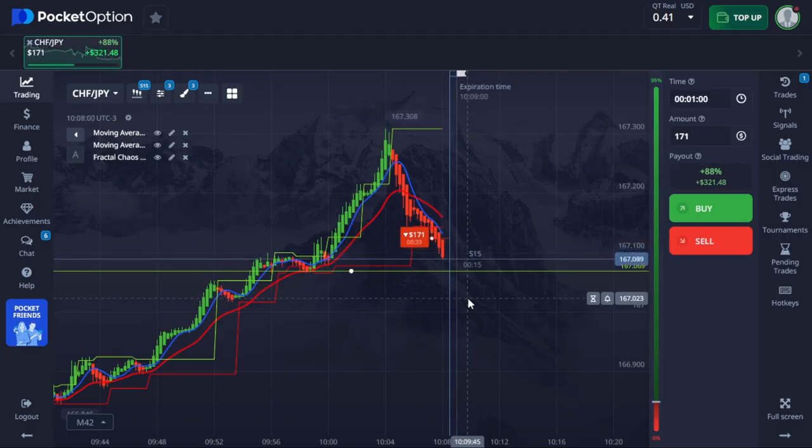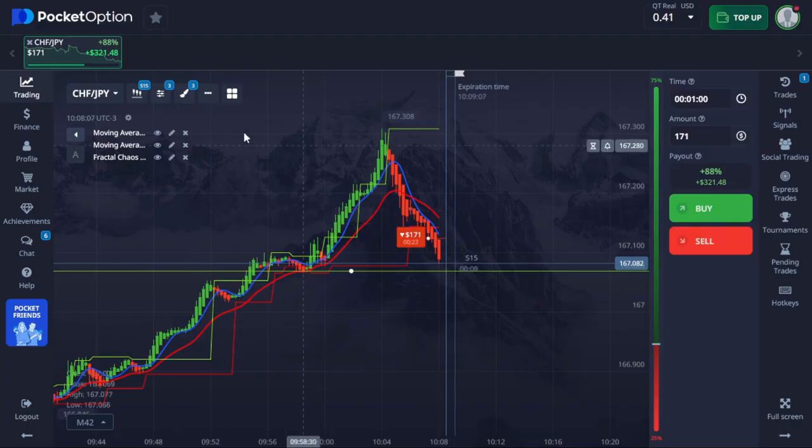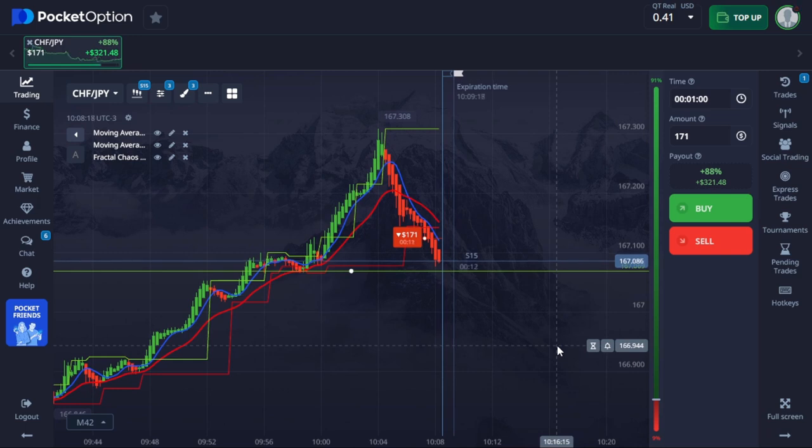Take time to analyze each entry, especially if you're inexperienced. Patience is crucial for identifying quality setups. Remember that, that's very important. Volatility can increase the chance of losing, so trade cautiously.